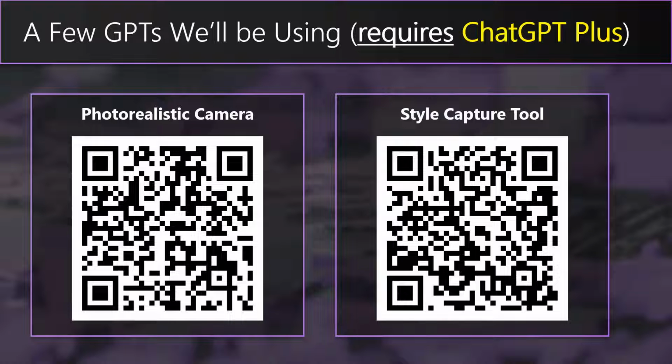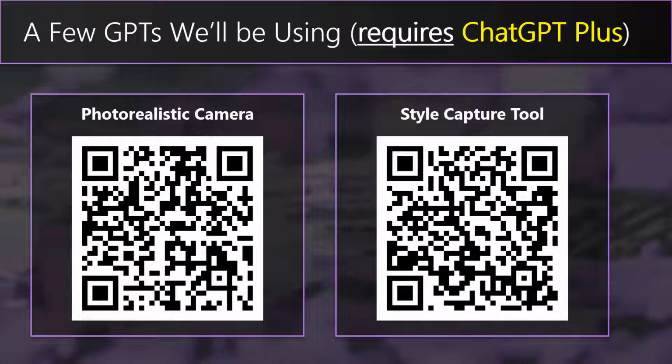We have two different GPTs. There's one that is a good basic prompt that is going to help you create photorealistic images, and another that is there to capture styles that you want to repurpose, which is very, very useful to the workflow that we're going to get in and explore.